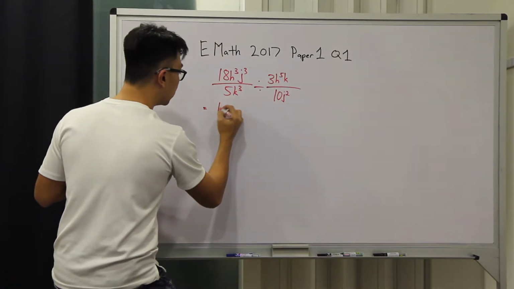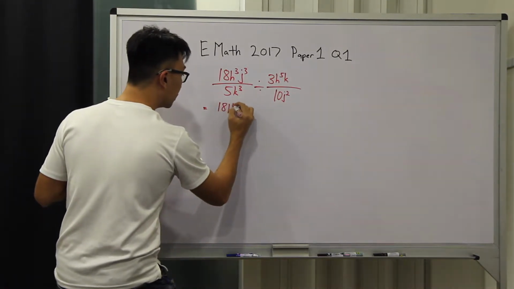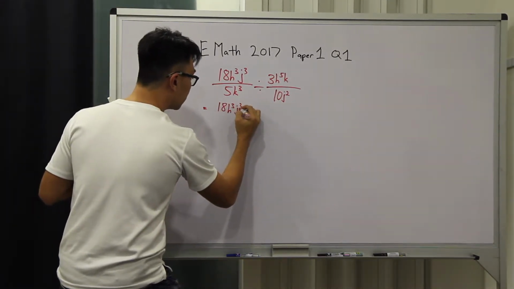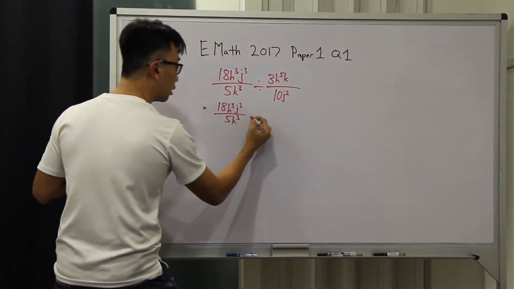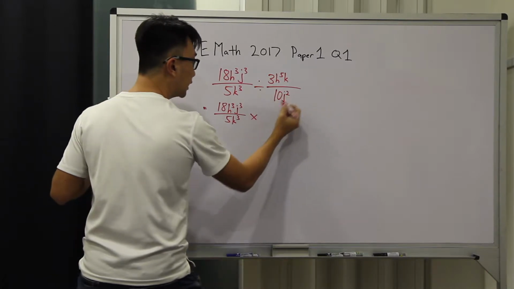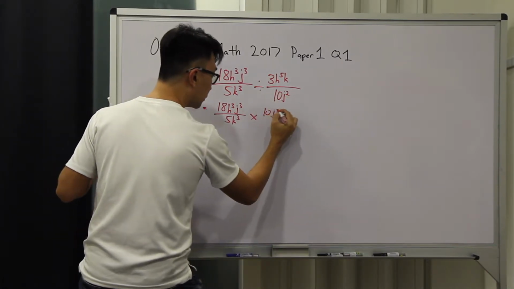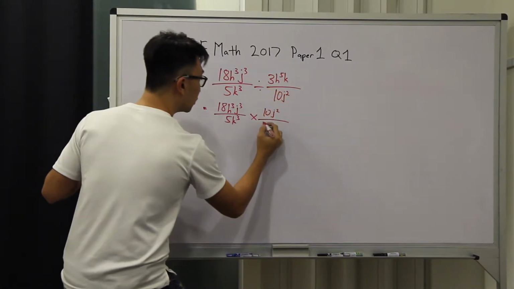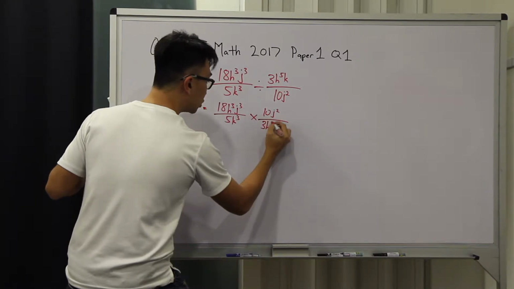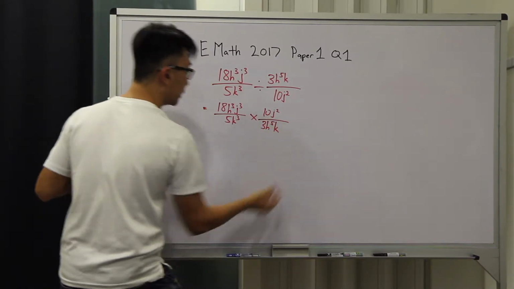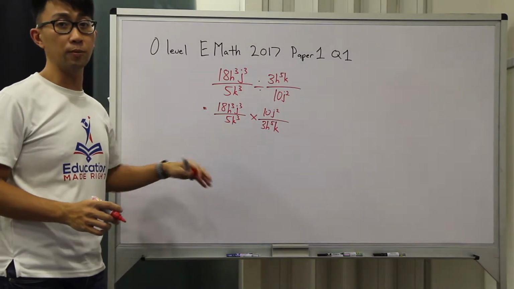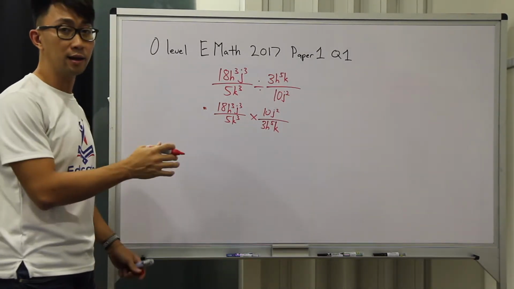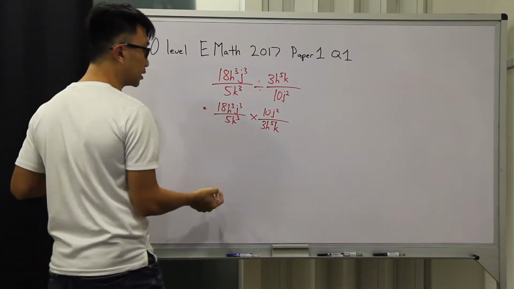So that will mean we have 18h³j³/(5k³) multiplied by 10j²/(3h^5). Okay, so when we reach the multiplication of fraction, it will be a lot easier because we can then proceed on with the cancellation.